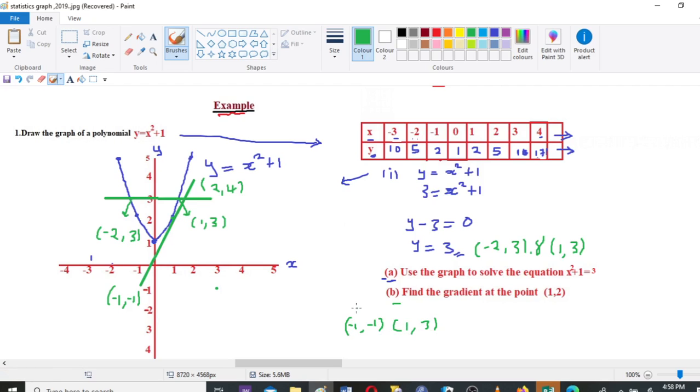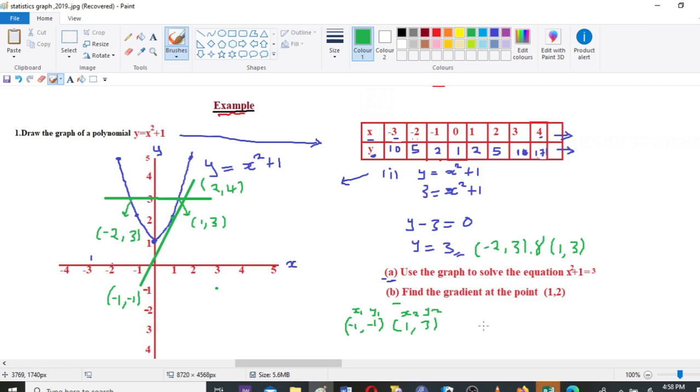You can take one to be your x1, y1, so that you can use the formula, and the other your x2, y2.